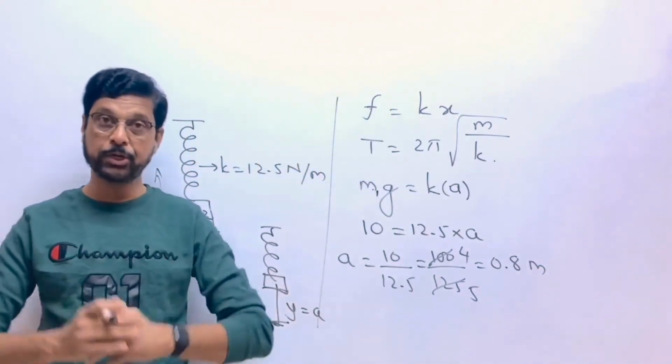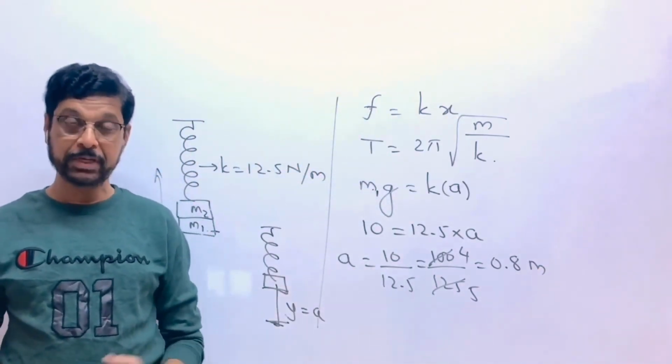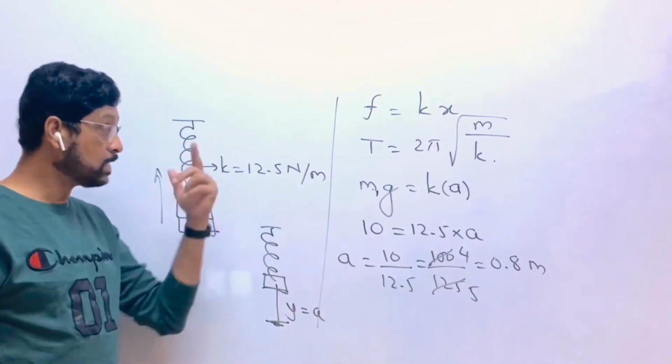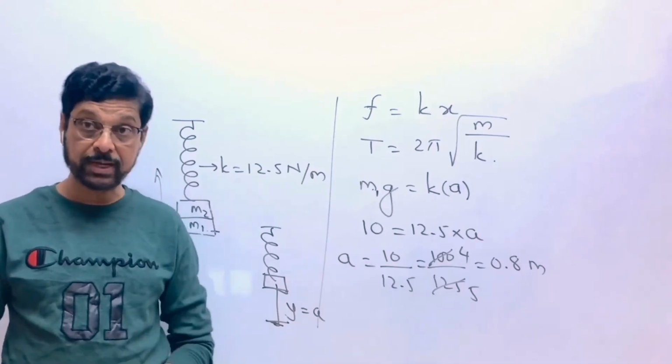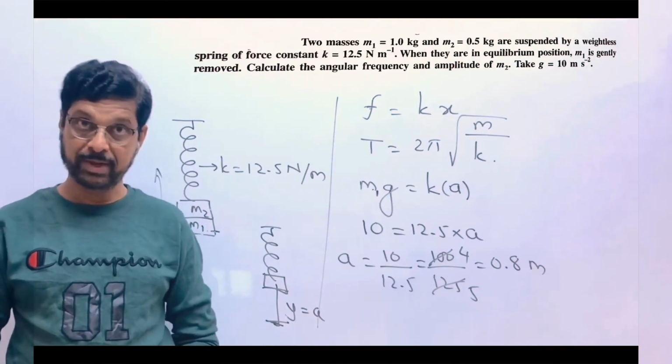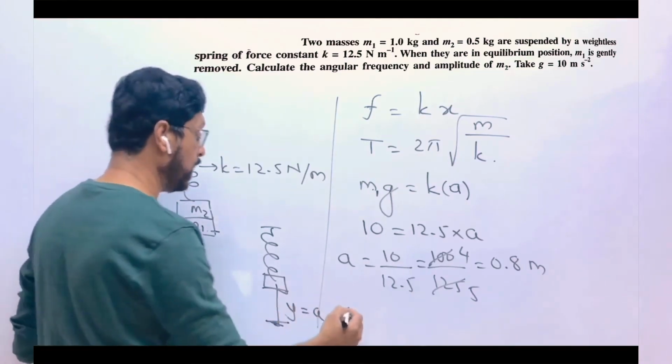So the amplitude of SHM is 0.8 meter. What next is asked? और क्या पूछा है उसने क्वेश्चन में? देखो, angular frequency. Angular frequency means omega.